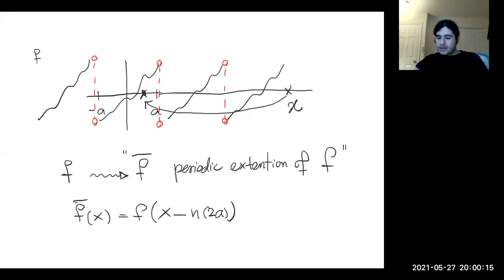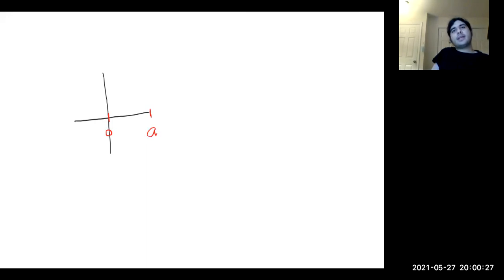There is another way. For example, if we have a function only defined from, say, 0 to a, there are two different ways we can extend this function. Suppose we have a function like this, f. One way we can extend it is called even extension.